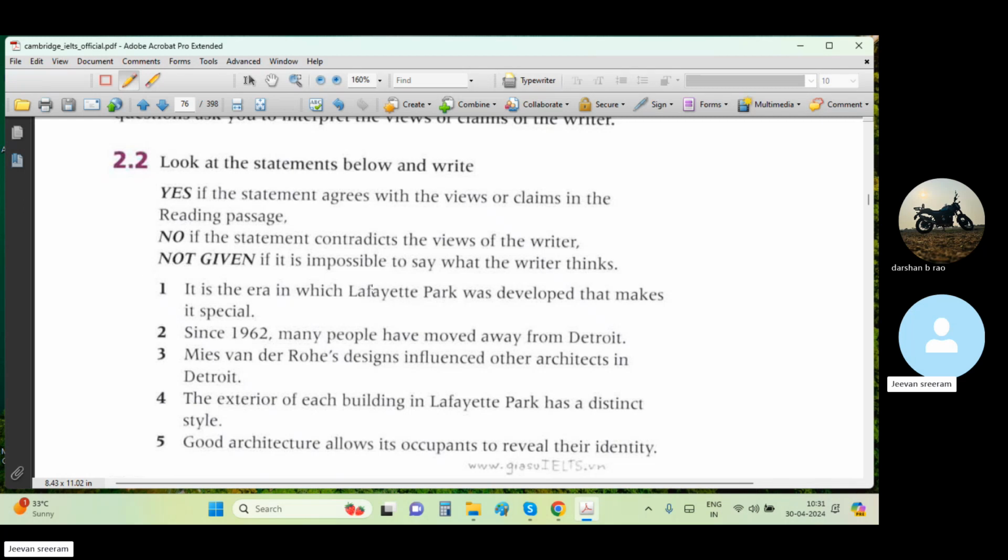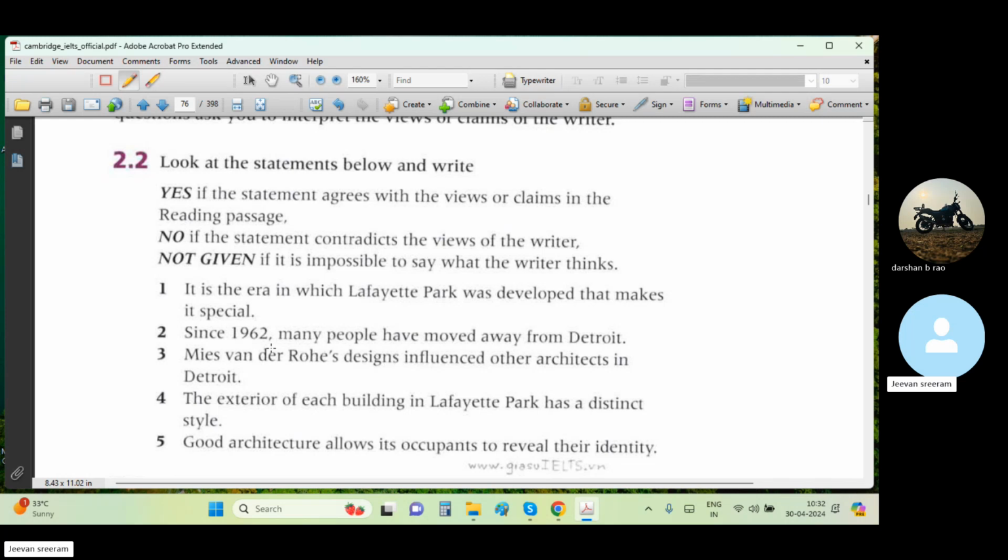It is the era in which Lafayette Park was developed that makes it special. Why was Lafayette Park special as per the passage? Guys, because of the post-war. Darshan, you said something? Yeah, because of the war.